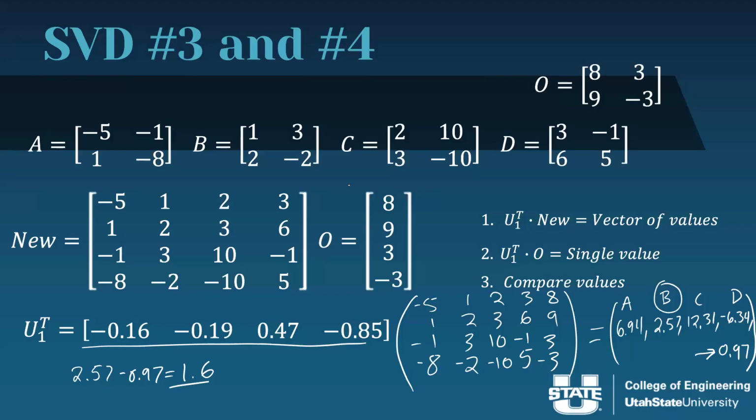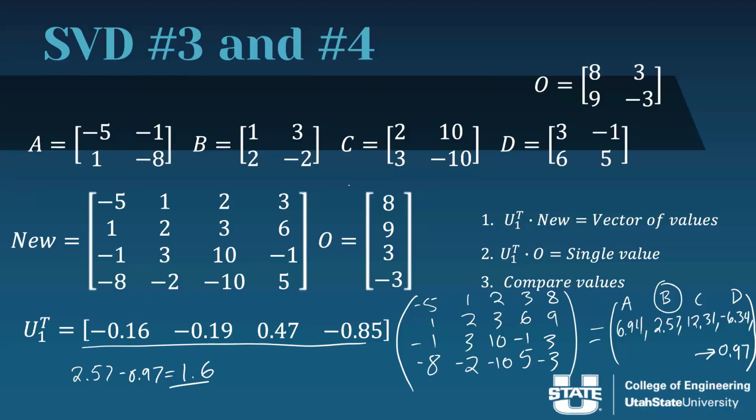All we're really doing is projecting these matrices onto the vector of U. By projecting them onto the vector of U, we're able to look at their locations and distance from each other along the vector U, and that tells us which one's closest.